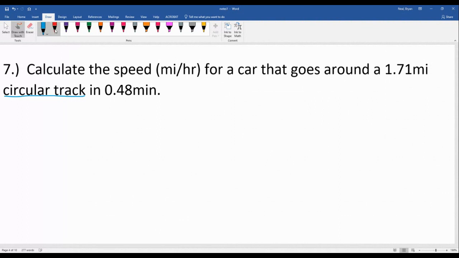We also do have a small problem that we've got miles per hour for our units here and minutes as part of the question. So we'll have to, at some point, probably fix that. Okay, but let's think about what we know.